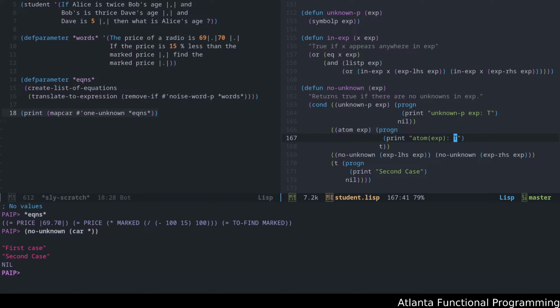And what we'll do is make this even better by telling us which exp we are parsing. Format tilde percent exp.